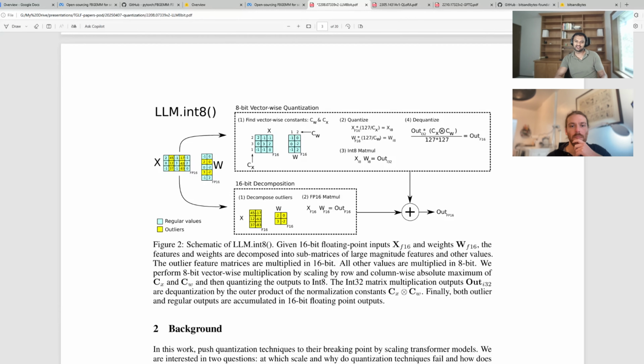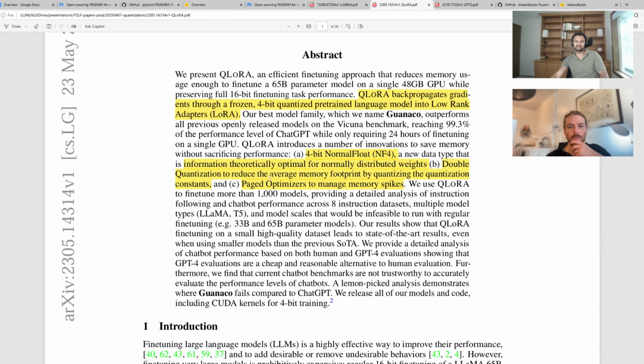Then there are some scalars, some terms that are not 8-bit. So here they have quantized even those scalar terms. That's the double quantization. Then now we are also talking about training these models. So there is some optimization for training this, time optimization for handling out-of-memory issues. That's the paged optimizer. That's the third contribution.